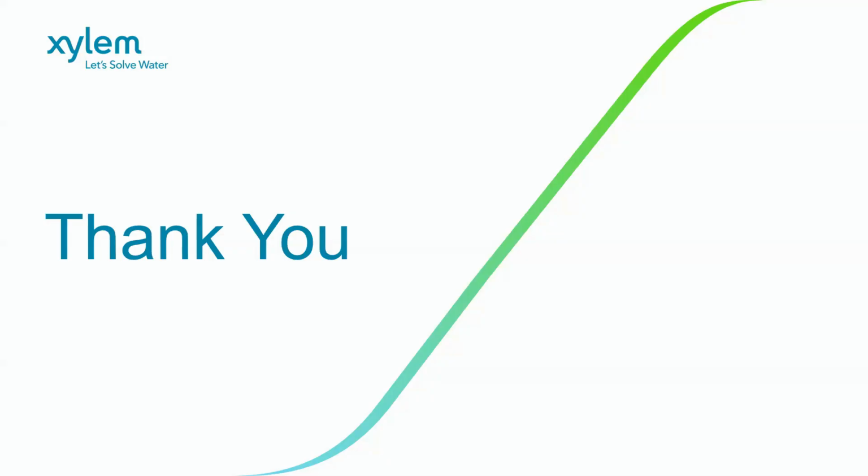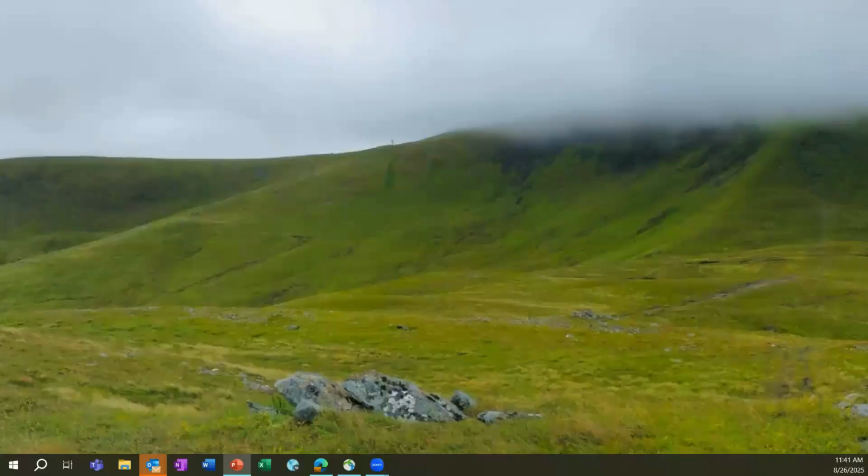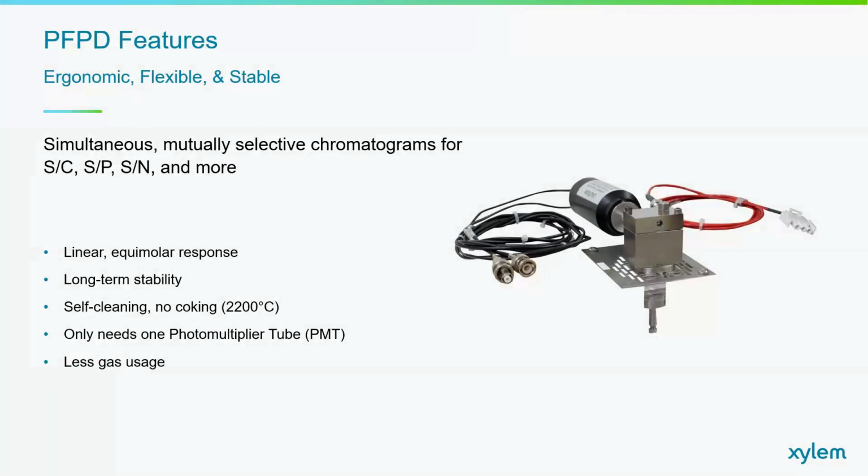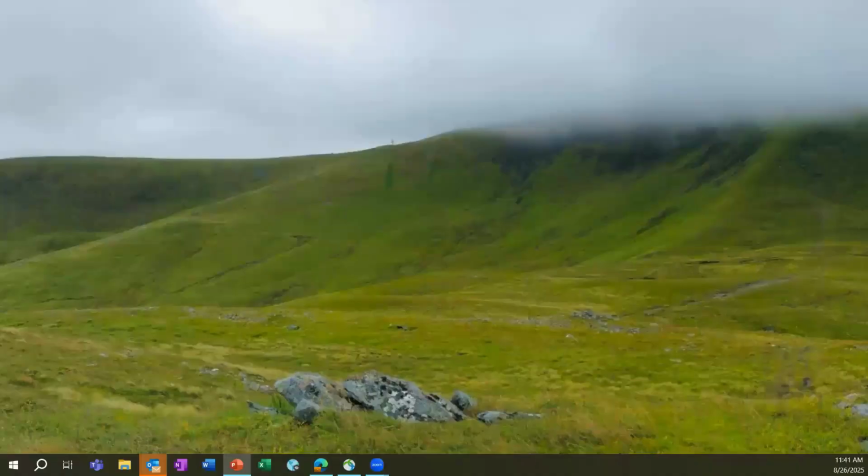Okay. Looks like I see a question here. One shortcoming of the FPD is its non-linear response. What is the linear range of the PFPD? That is a good question. I believe I have it listed here somewhere. Not on that slide.